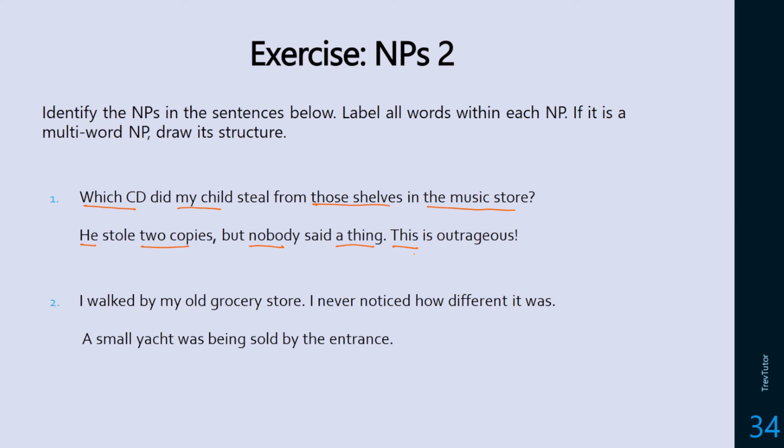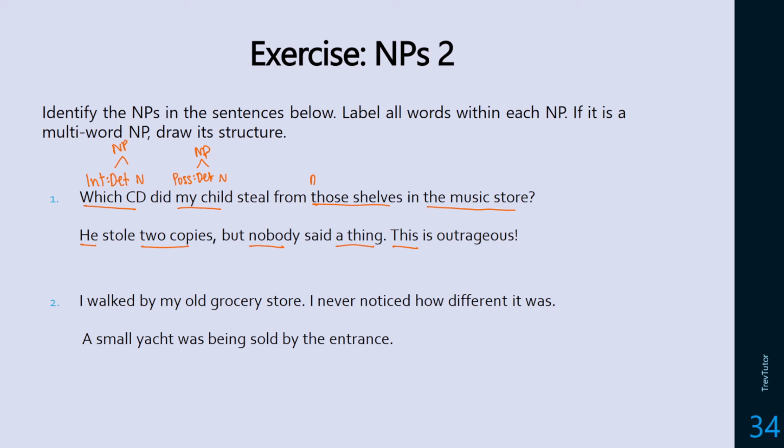Let's label. So which CD? This is going to be an interrogative determiner because what it is doing is introducing the noun with the CD. So that would be its own little noun phrase there. My child, this is going to be a possessive, and this is acting as a determiner because it's introducing the noun child.